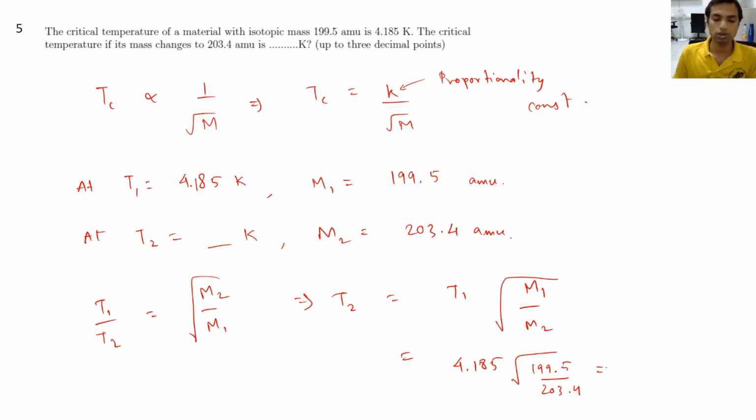So if you calculate this, it is 4.185 into square root of 199.5 divided by 203.4, and you will get 4.145 Kelvin, near to this.